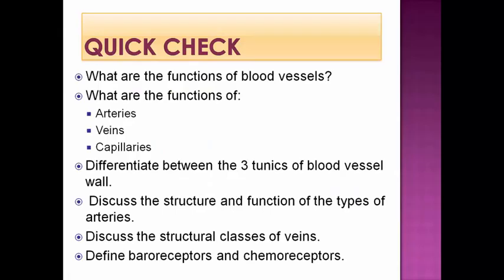So in this section, of course, we looked at the functions of blood vessels, and we described there are four major things that blood vessels are responsible for doing. We looked at the functions of arteries, veins, and capillaries. We know arteries take blood away from the heart. We consider it to be the delivery system. Veins are the capacitance vessels because they're holding the blood.